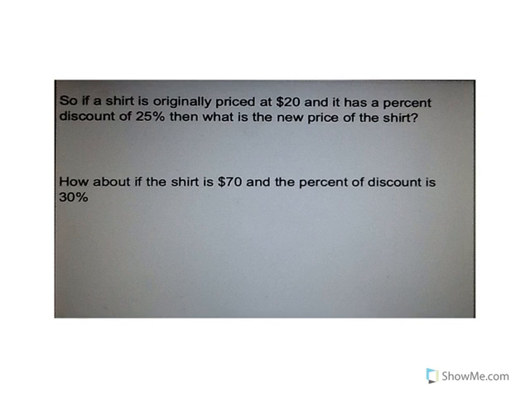So if a shirt is originally priced at $20 and has a discount of 25%, what's the new price of the shirt? Well, the new price of the shirt is going to be 20 times 75%.